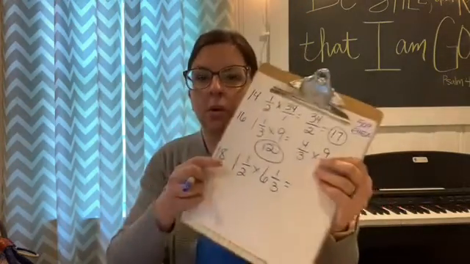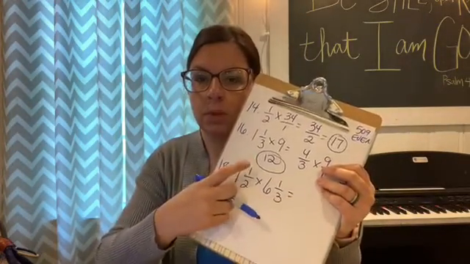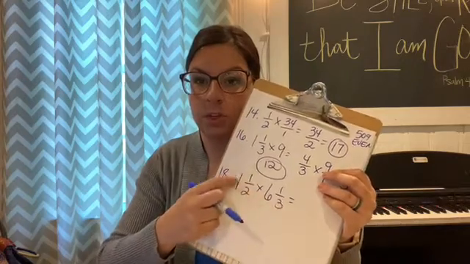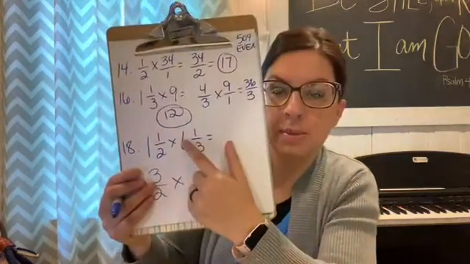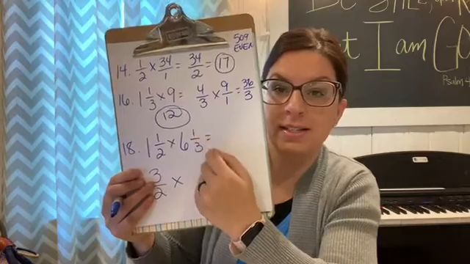Okay, 18. Oh, this is 2 mixed numbers. 18 is 1 1/2 times 6 1/3. Okay, so I have to turn them into improper fractions. So 2 times 1 is 2 plus 1 is 3. So 3/2 times 3 times 6 is 18 plus 1 is 19 over 3.